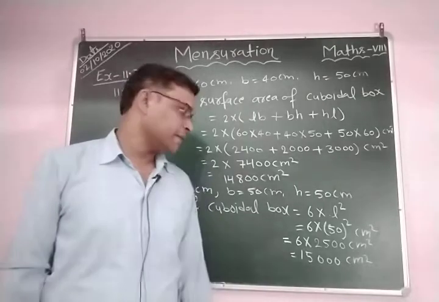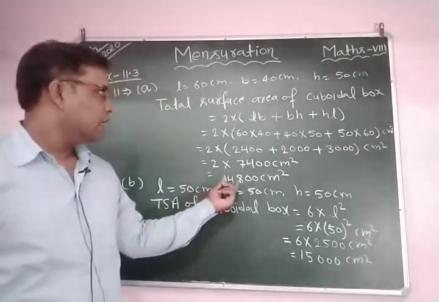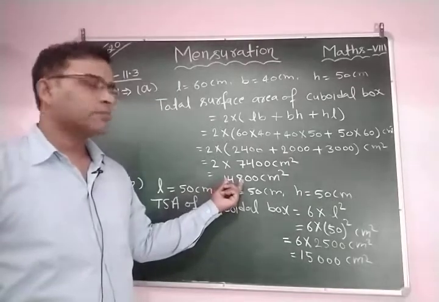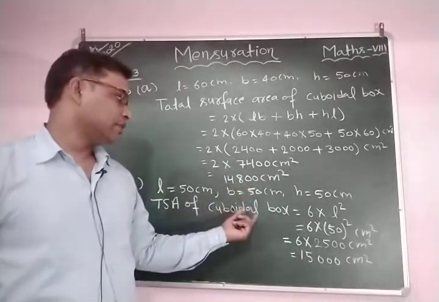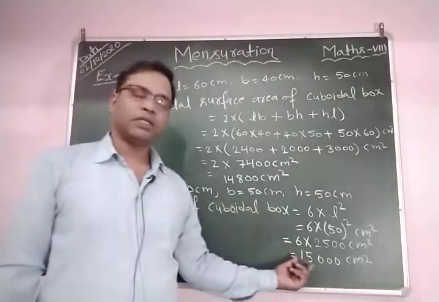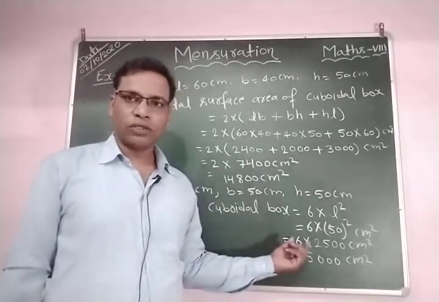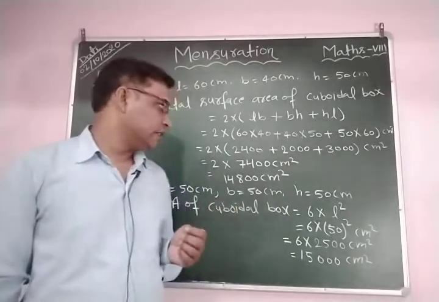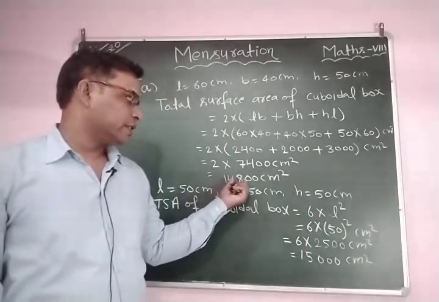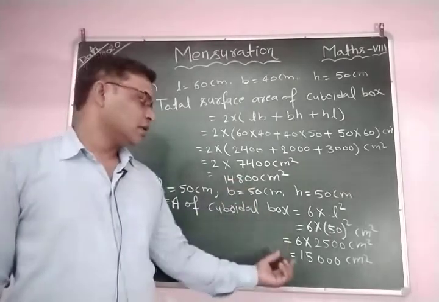Okay, so here if you compare, the surface area of box A is 14,800 and the surface area of box B is 15,000. I hope all have understood, and you are able to compare whose amount is greater, 14,800 or 15,000.